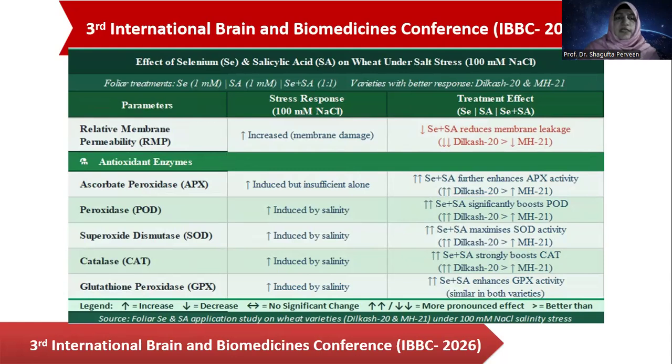The activity of different antioxidant enzymes like ascorbate peroxidase, superoxide dismutase, catalase, and glutathione peroxidase increased under salt stress, while the foliar application of selenium and salicylic acid further enhanced the activity of ascorbate peroxidase and significantly boosted the activity of peroxidase, catalase, and glutathione peroxidase.